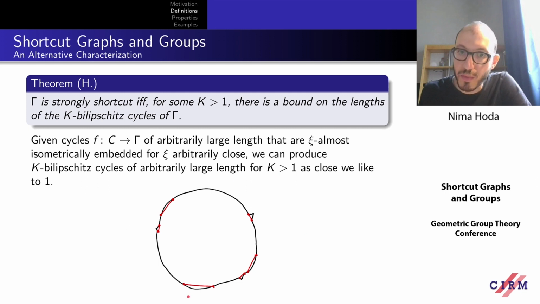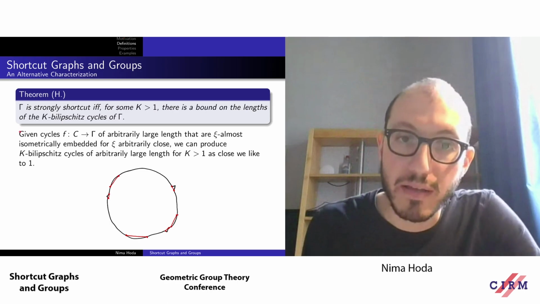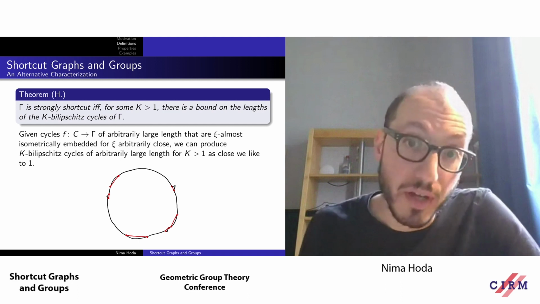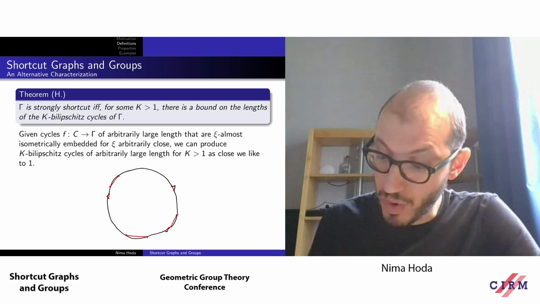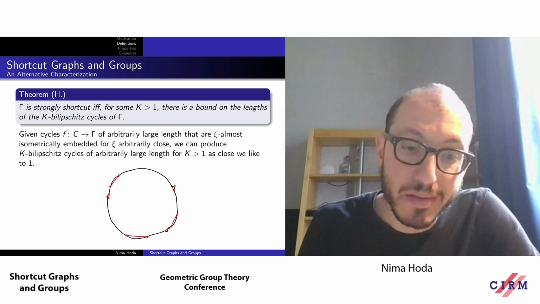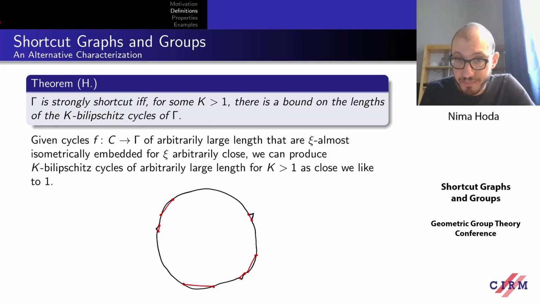What we want to show is that if you're not strongly shortcut, so that would mean that you have cycles of arbitrarily long length that are psi-almost isometric for psi arbitrarily close to 1, then we want to be able to construct cycles of arbitrarily large length that are k-bi-Lipschitz for k arbitrarily close to 1.